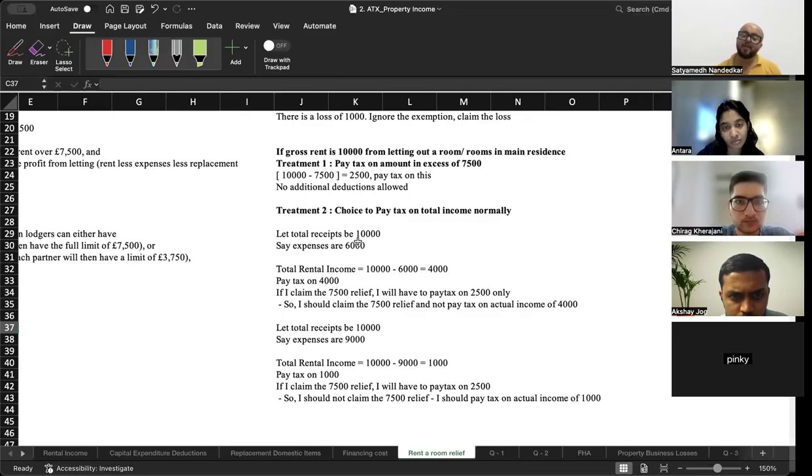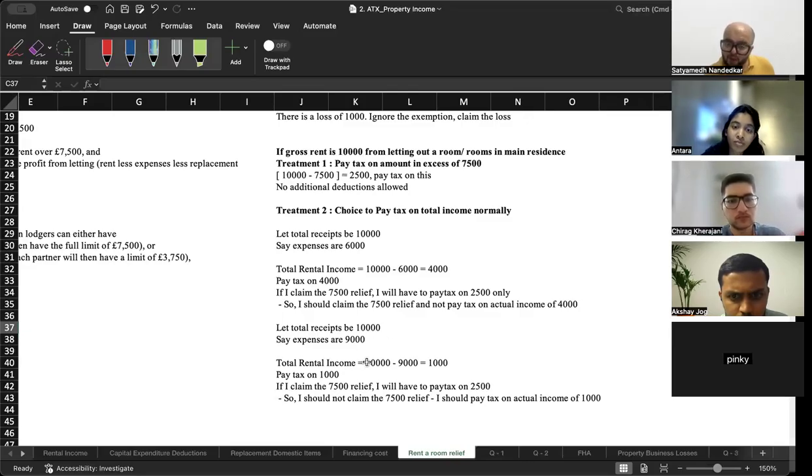But imagine a situation where total receipts are 10,000 and expenses 9,000. You still have a choice to claim 7,500 exemption. But if you claim 7,500 rent a room relief, then you will have to pay tax on 10,000 minus 7,500, that is 2,500.